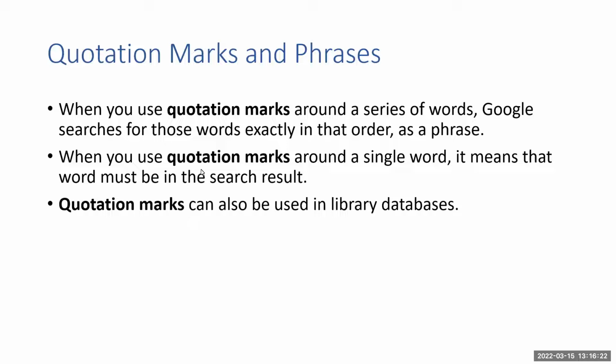And with Google, if you put quotation marks around a single word, it means you absolutely have to have that in the search result, because Google's sophisticated algorithm also looks for synonyms automatically that it has mapped to your keywords. So I'll show you an example right away here.